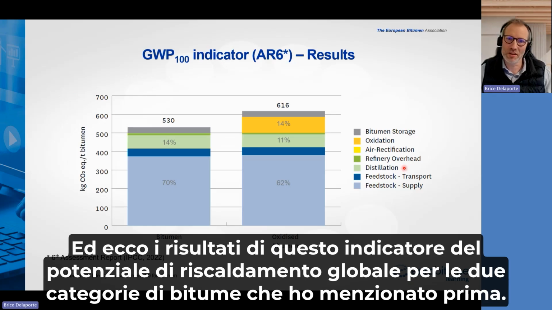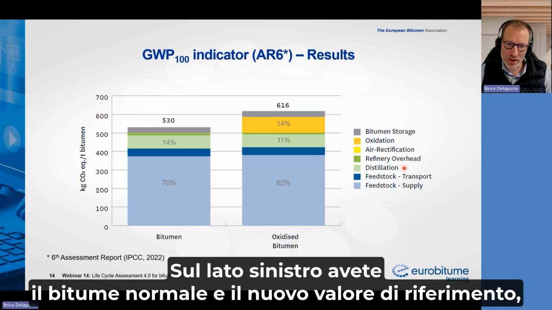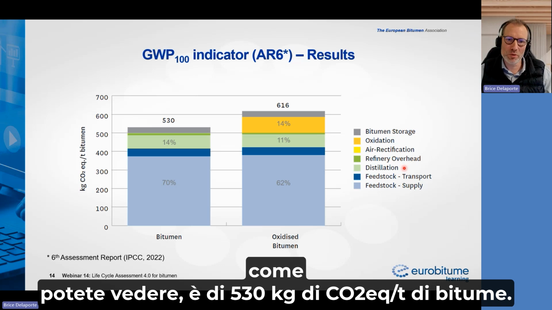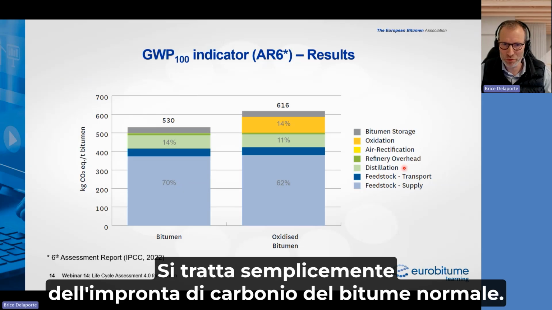And this is the result of this global warming potential indicator for the two bitumen categories that I mentioned previously. So on the left part, you have the average bitumen. And the new reference number, as you can see, is 530 kilograms of CO2 equivalent per ton of bitumen. So it's basically the carbon footprint of the average bitumen.